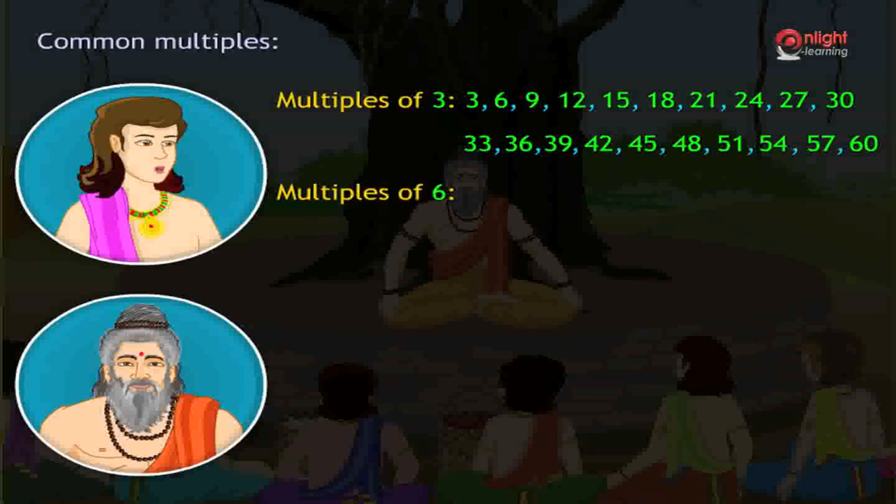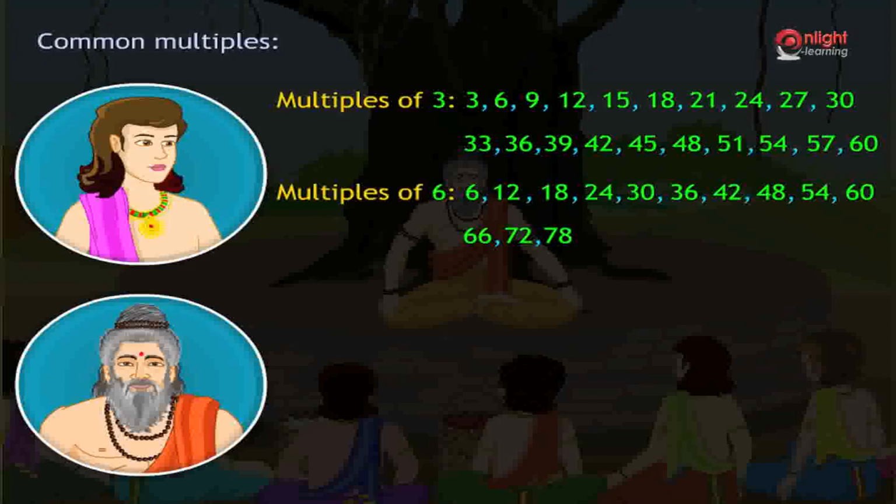The first 20 multiples of 6 are 6, 12, 18, 24, 30, 36, 42, 48, 54, 60, 66, 72, 78, 84, 90, 96, 102, 108, 114 and 120.